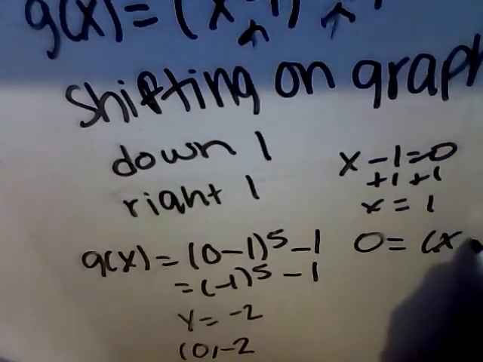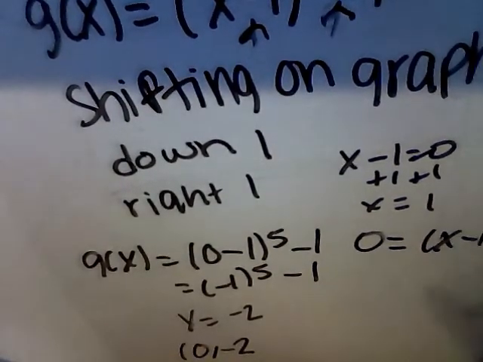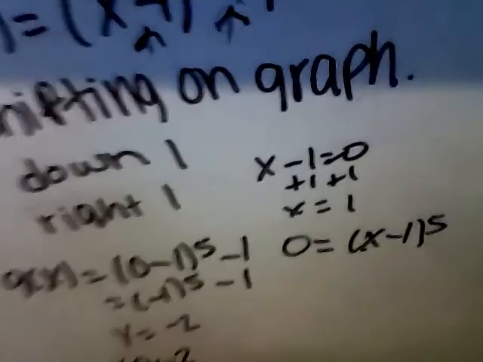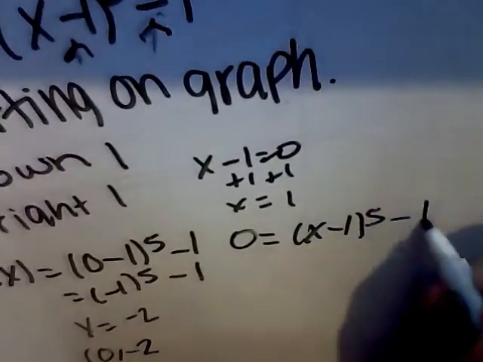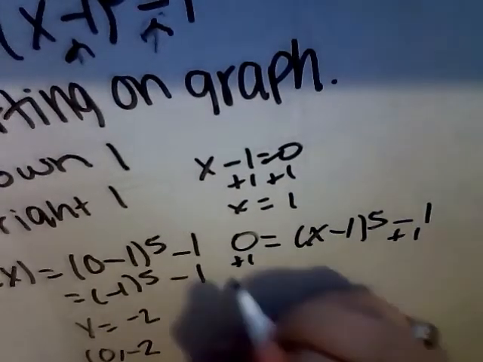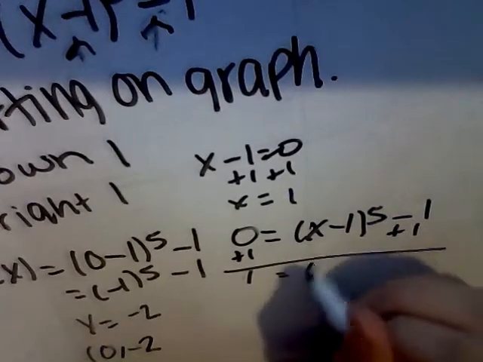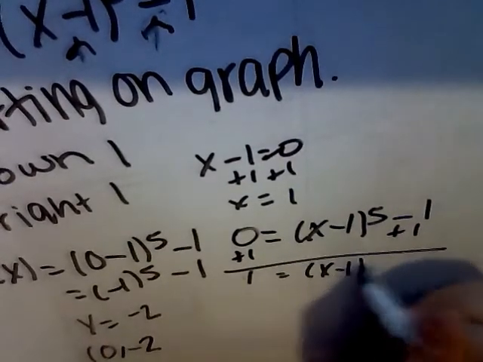And then to find the x-intercept, we're going to set the y to 0. So 0 equals x minus 1 to the 5th power minus 1. Add 1 to both sides. So we have 1 equals x minus 1 to the 5th power.